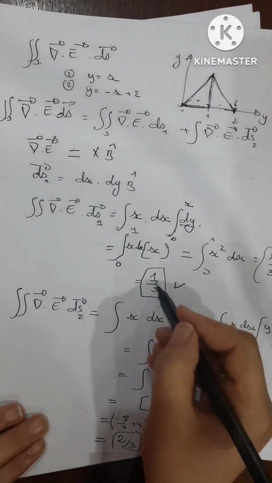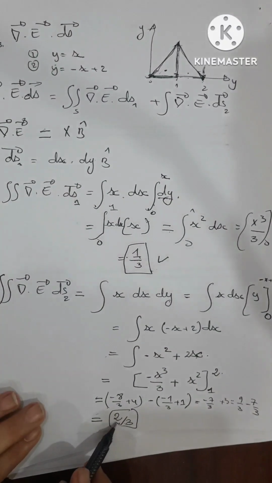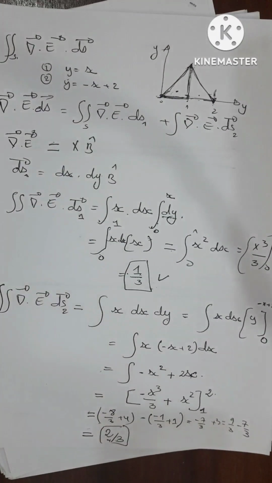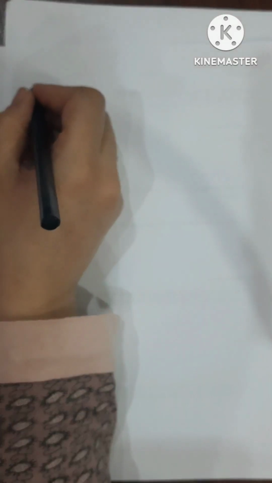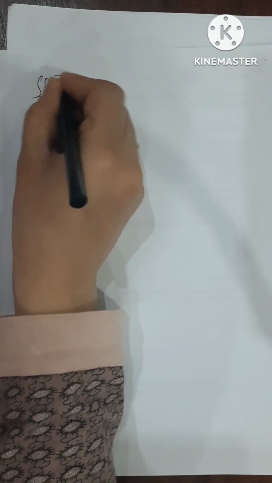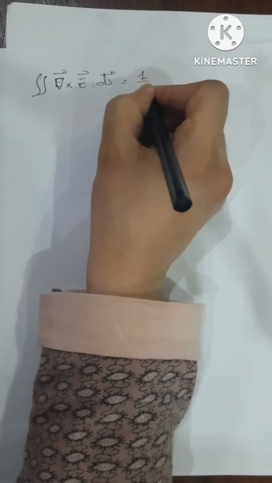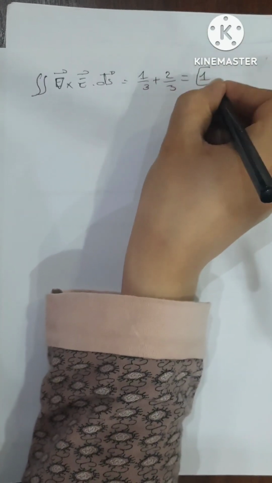Okay, we add them. We found 1 over 3 plus 2 over 3, the same result as the previous one, which is 1. For the final result, the curl of E ds equals 1 over 3 plus 2 over 3 over the two surfaces, it's 1.